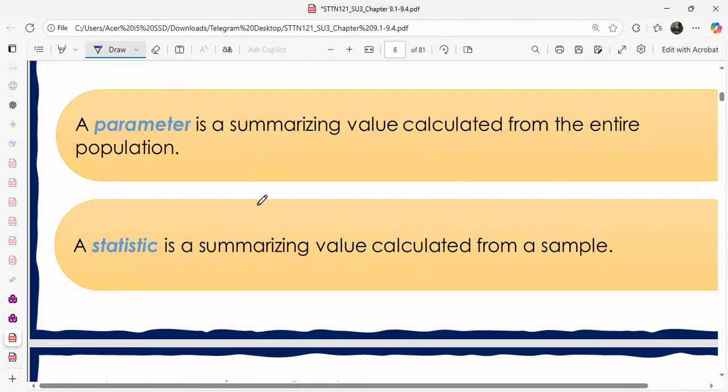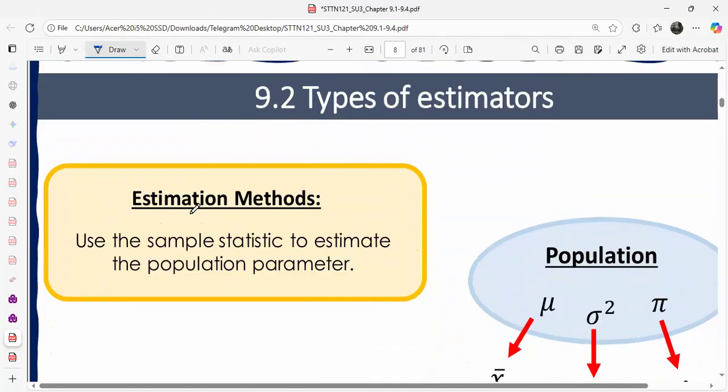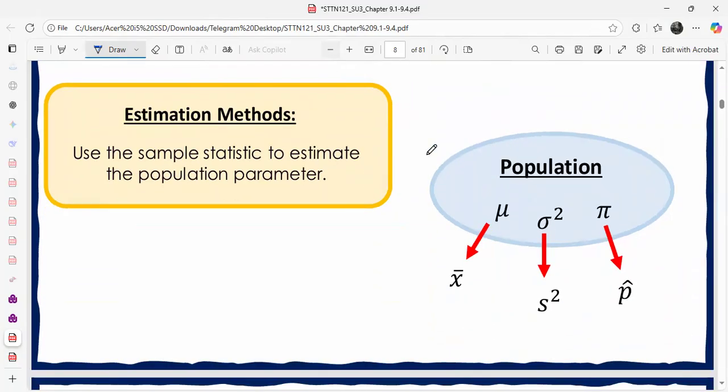I think when you were doing STTN121, you talked about the parameter, you also talked about the statistic. Now, the types of estimators.